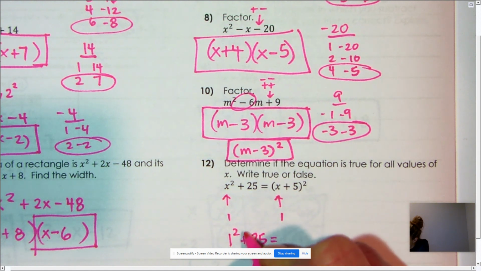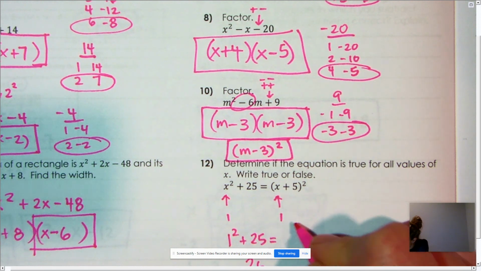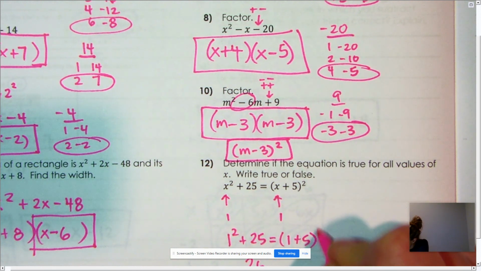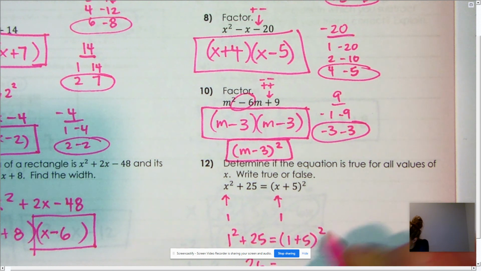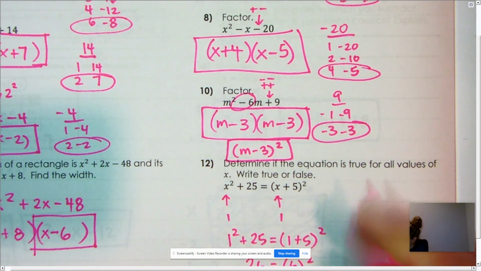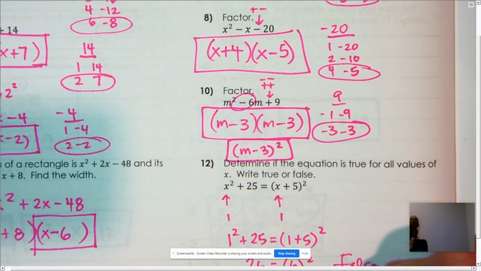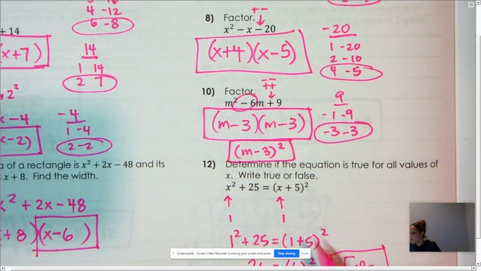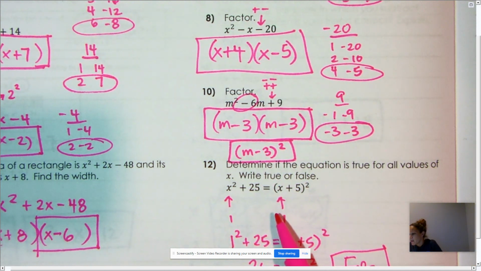So 1 squared plus 25 would be 26. And over here, if I plug in 1, 1 plus 5 first and then square it, well, 1 plus 5 is 6. So 26 equals 36. False. Okay, it would be true if you're plugging in 0, but that's about it.